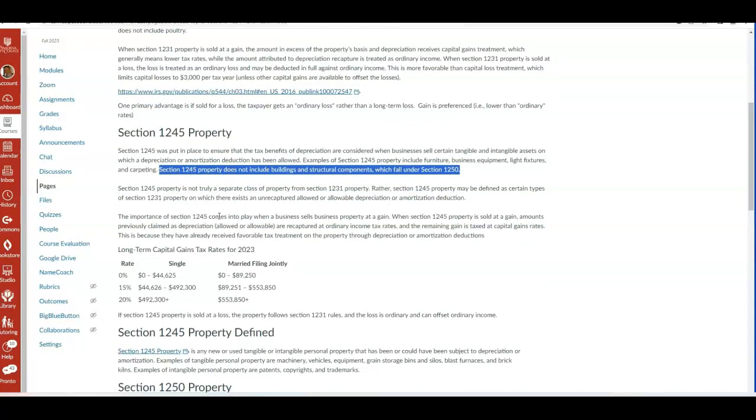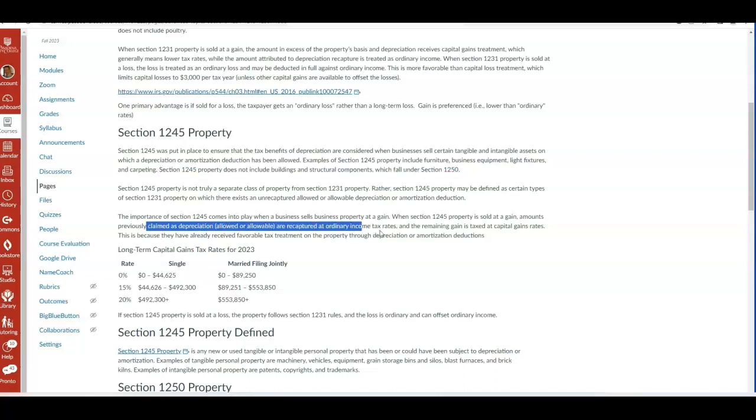The importance of Section 1245 comes into play when a business sells business property at a gain. Here is the important part. When Section 1245 property is sold at a gain, amounts previously claimed as depreciation, allowed or allowable, are recaptured at the ordinary tax rate. So whatever is already claimed as depreciation will be under the ordinary income tax rate.